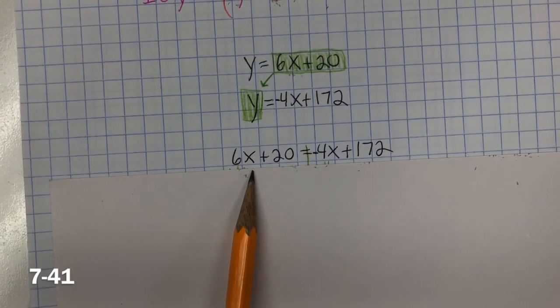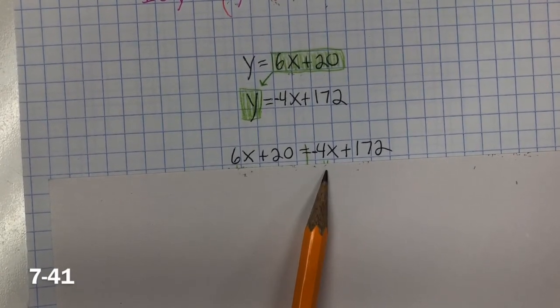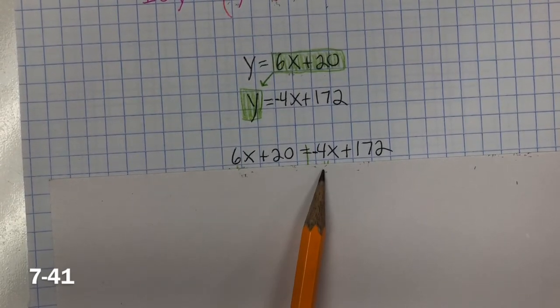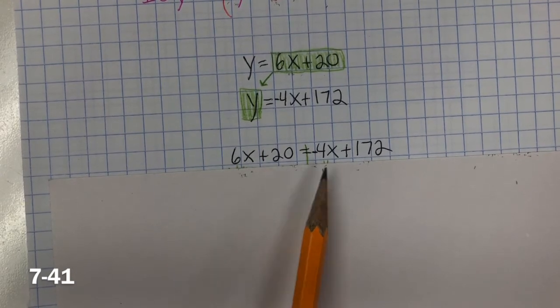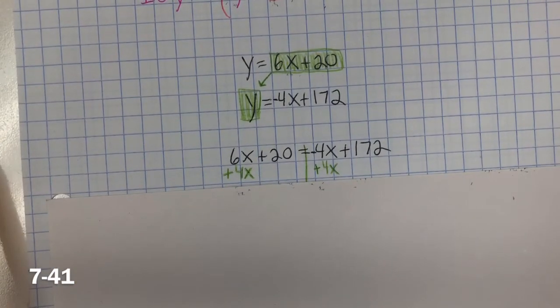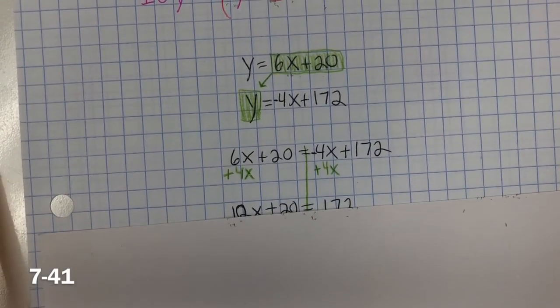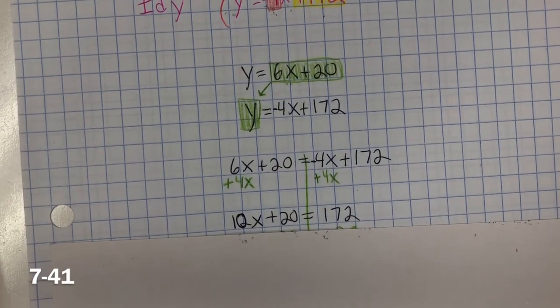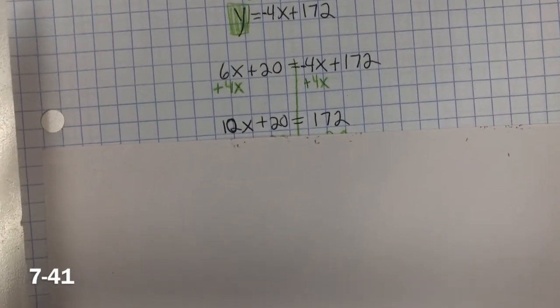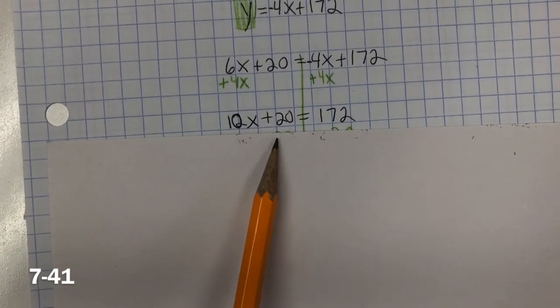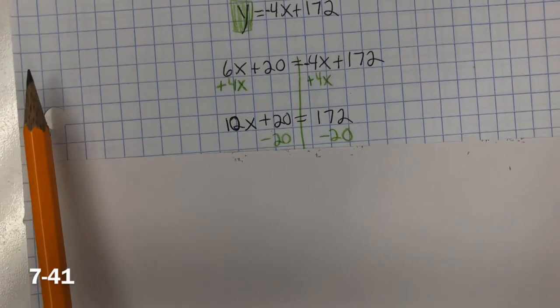We're going to get the variable to the side that has the greatest value, which is 6x. So negative 4x, inverse property of subtraction is addition. So we add 4x to both sides. Zero pair, 6x plus 4x equals 10x. Now, inverse property of addition is subtraction, so we subtract 20 from both sides.